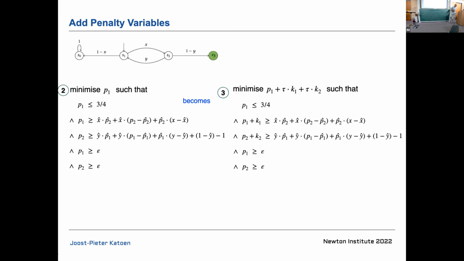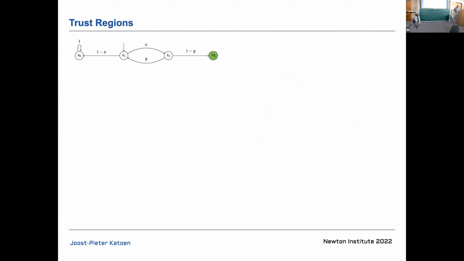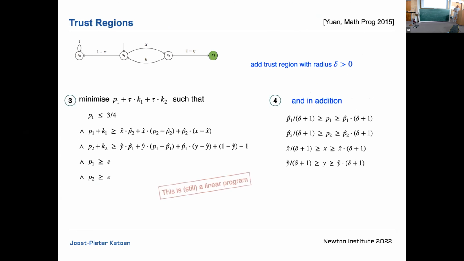The advantage is that you carry over solutions from the equation system on the right-hand side to the equation system. This is still a linear program. To ensure that the linearization is accurate, there is another trick, trust regions. I'm going to skip that here for the sake of time.